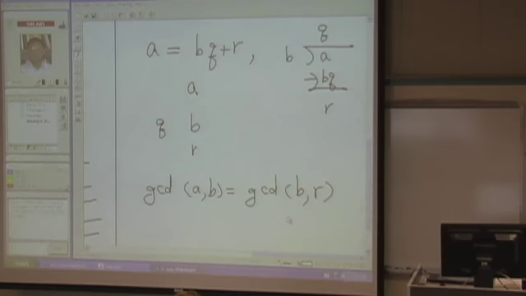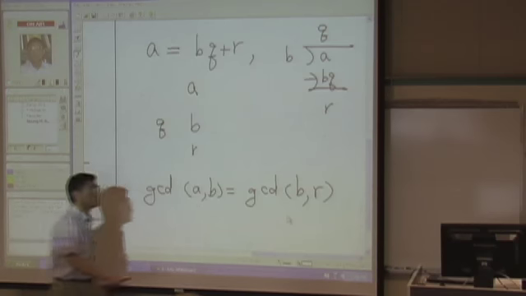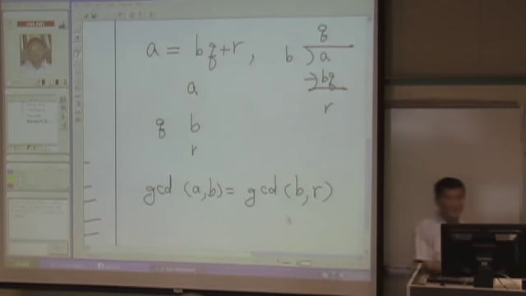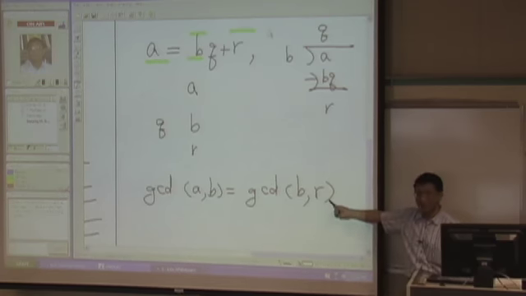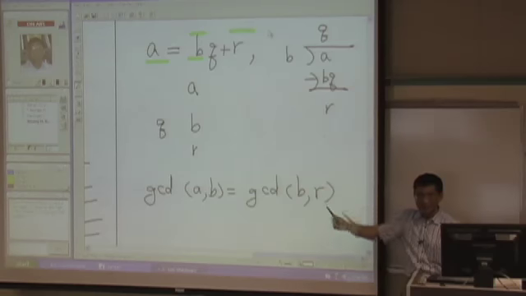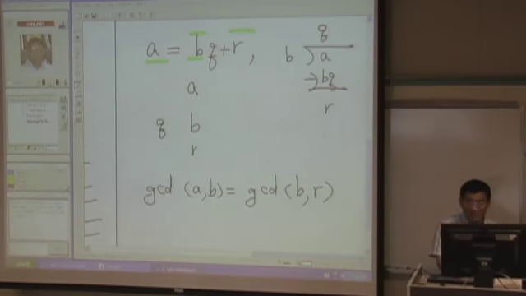You need to worry about the small number and then a smaller number. Do you get it? So big number, small number becomes small number, smaller number. So when you have A and B, then you should worry about B and R. So the Euclidean algorithm is enabled, and then this kind of stacking is possible.